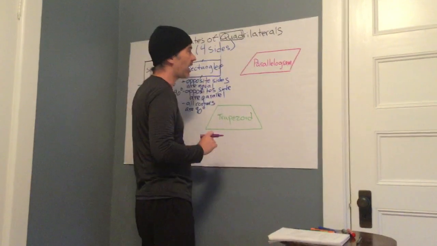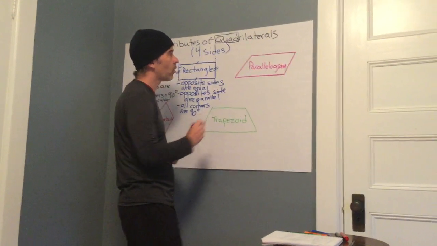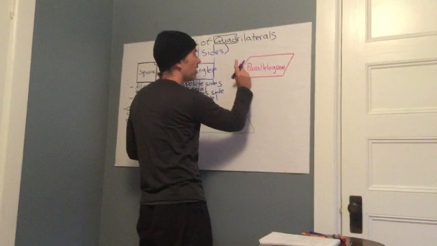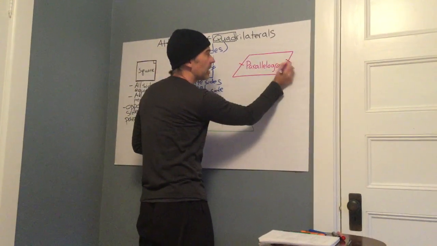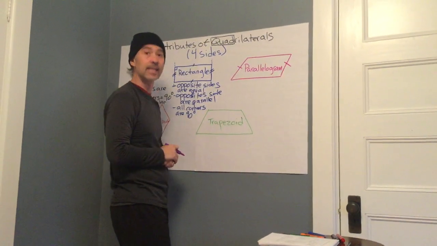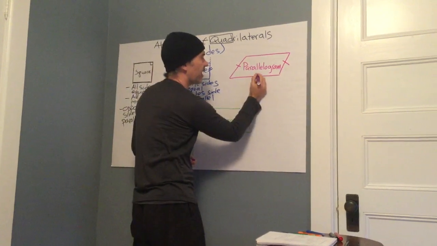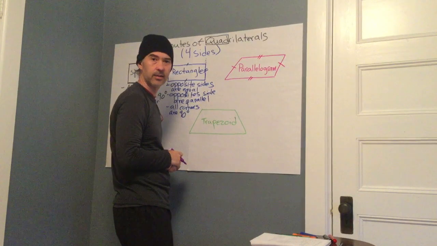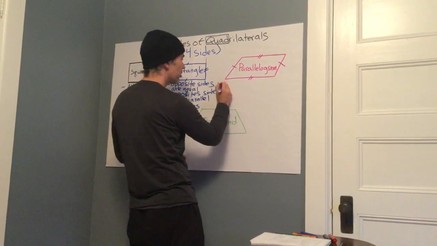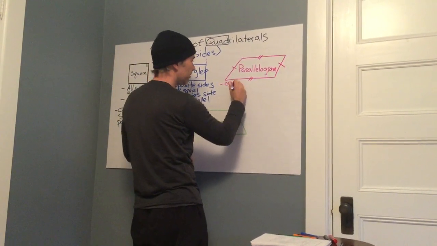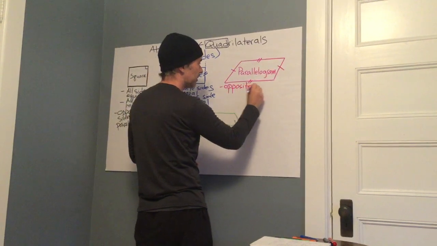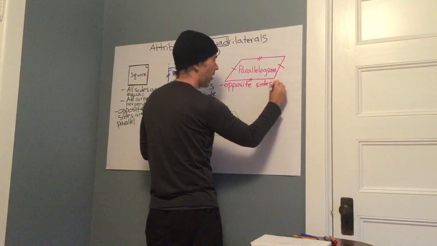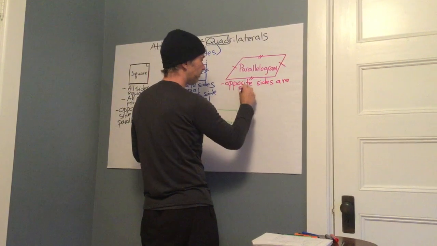Well, we know it has 4 sides. We know that, looking at it, does this side equal that side? Yes. Is this side the same as this side? Are they equal sides? Yes. Okay, so we know opposite sides are equal.